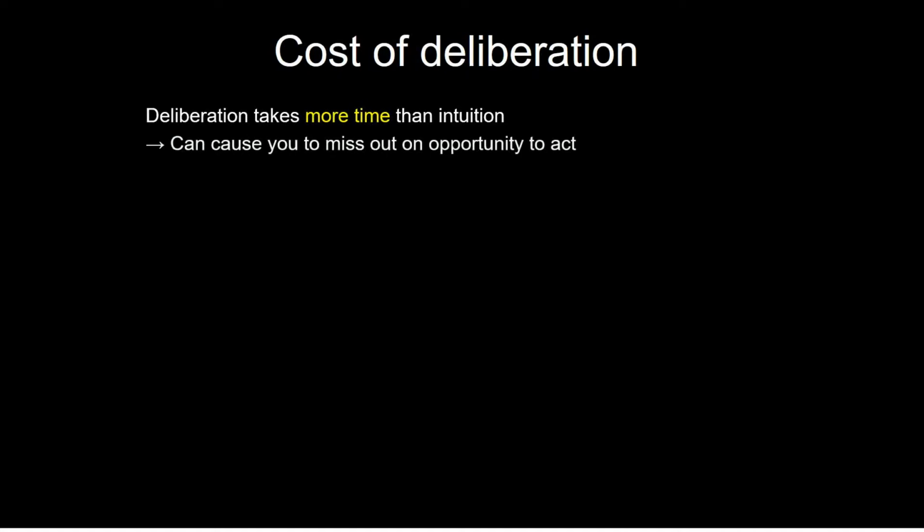And so that can be costly in an opportunity cost sense, which is if you're spending time figuring out what the state is, then that's time that you're not spending doing other things. And also it could be that in some situations you just have to choose the behavior. If you don't choose a behavior within a certain amount of time, then you miss the opportunity to act. And so therefore having to spend more time coming to a decision imposes some kind of cost.